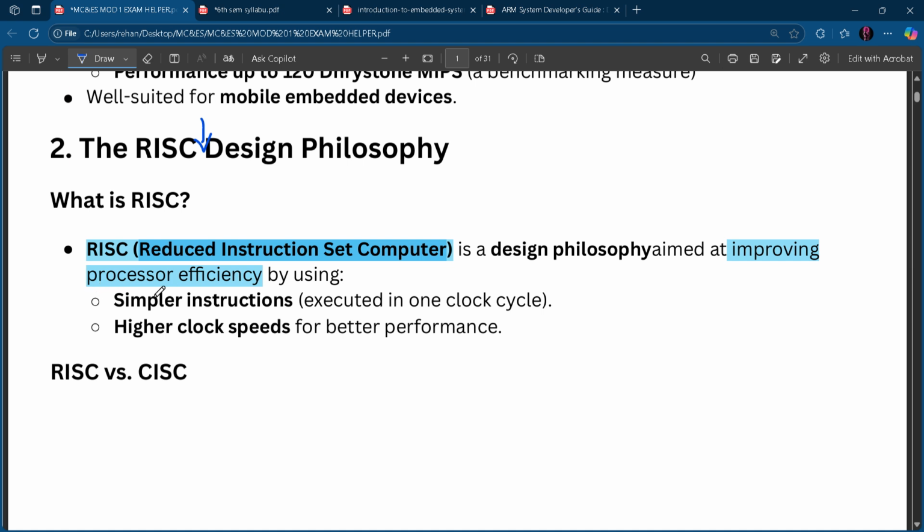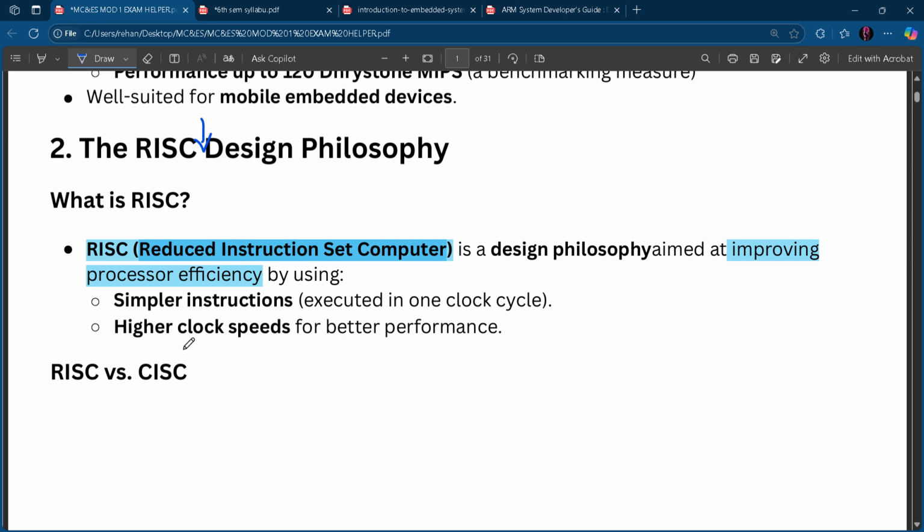Whatever is designed, until it's the first time it is innovated, the second time, if it is upgraded or enhanced, the only reason is that you have to improve something, like the flaws from the previous model. Here what they are improving is the efficiency of the processor, mainly in two ways: one, simpler instructions, and two, higher clock speed.